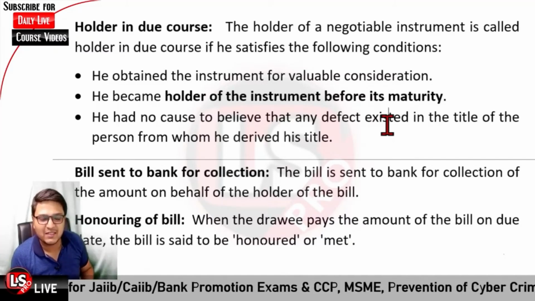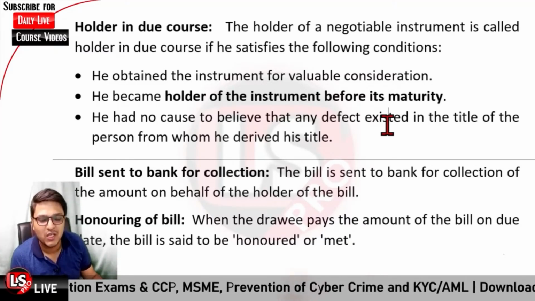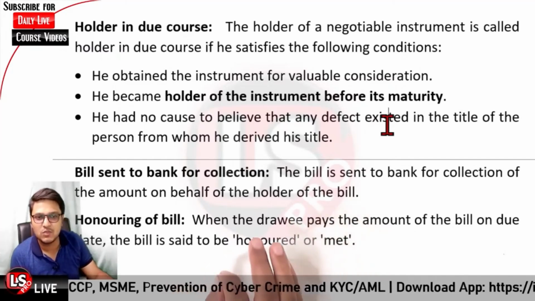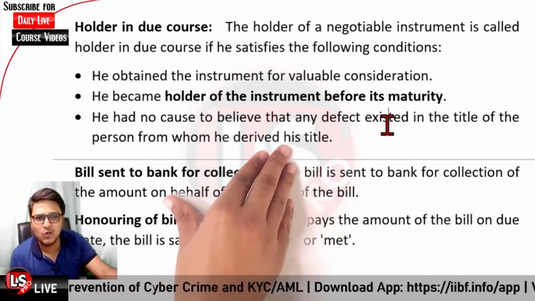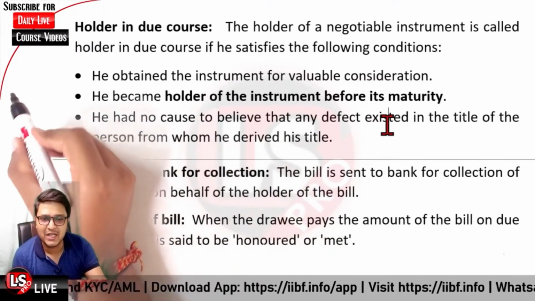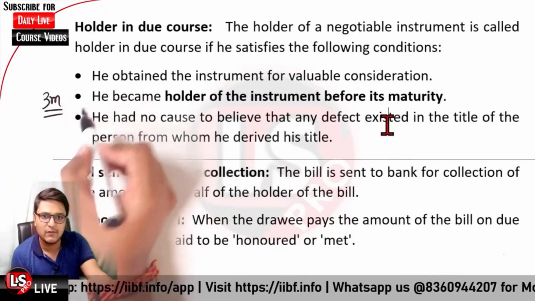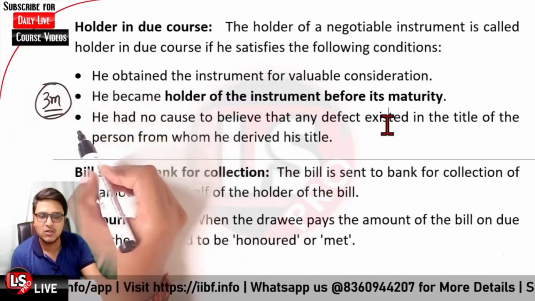It should not be the case that the instrument has matured, and further he received the instrument. In that case, he will not be the holder in due course, because that instrument is a stale instrument. As we know, checks have a validity of 3 months from the date mentioned on the check itself.